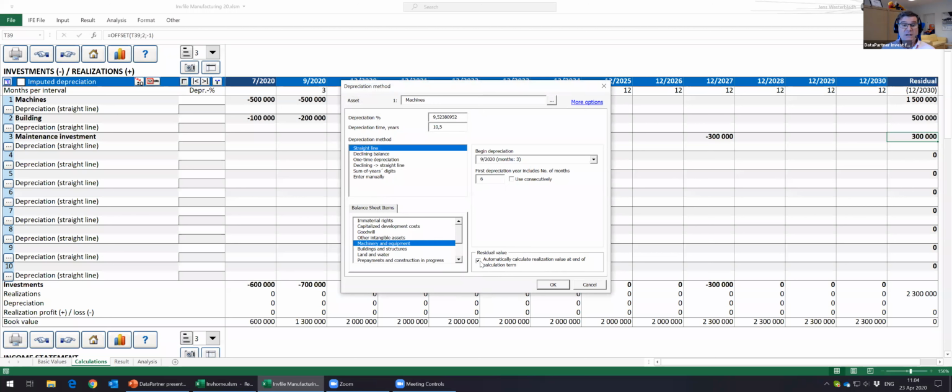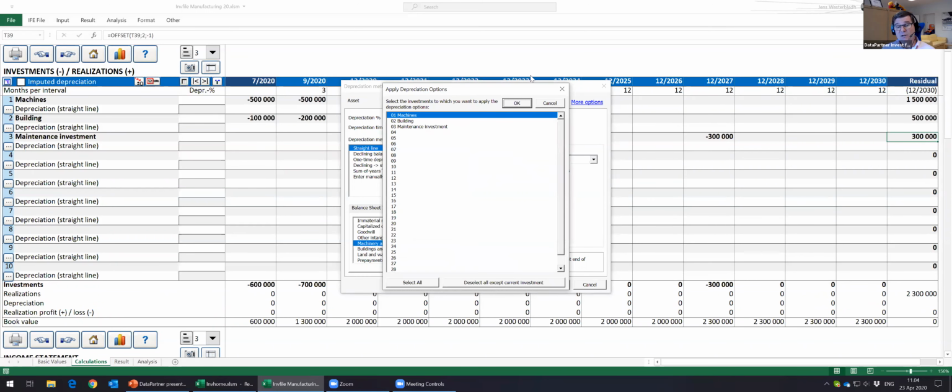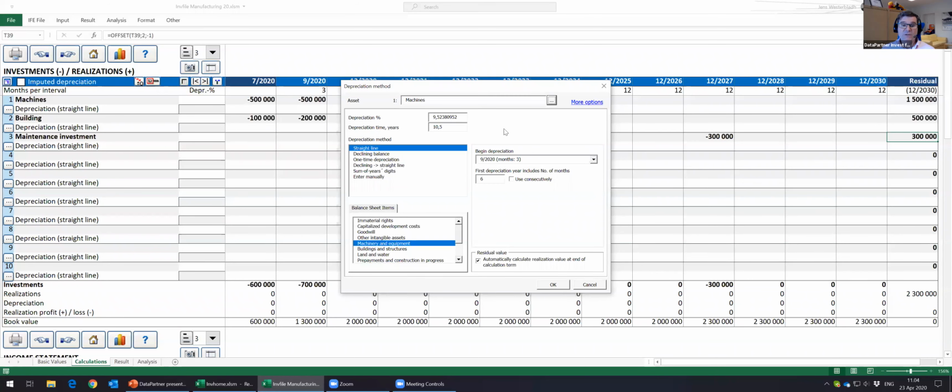Notice depreciations are selected row by row. But in case you have many items that all have the same depreciation, as is very often the case, you can select at the top to apply the same depreciation to all selected rows at once. So you don't need to go row by row.